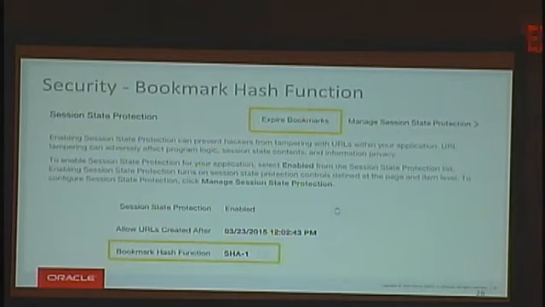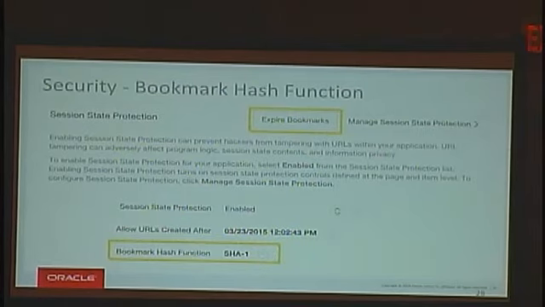So to pick up the most up-to-date hash function as you have specified it in the instance setting, you have to go into your application, into the security settings, check out what you have displayed here, and then you have to hit expire bookmarks.